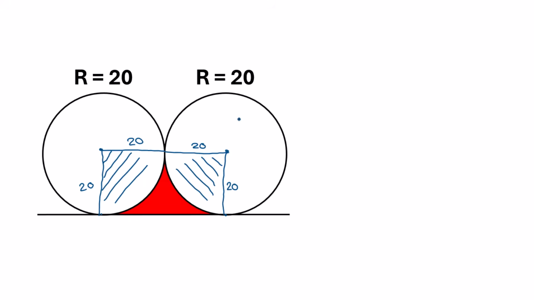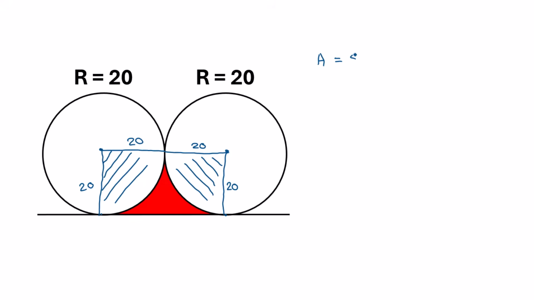So if the red area is A, then A is equal to the area of this rectangle. The formula of the area of a rectangle is length times width. So the length of this rectangle is 20 plus 20, which is 40.